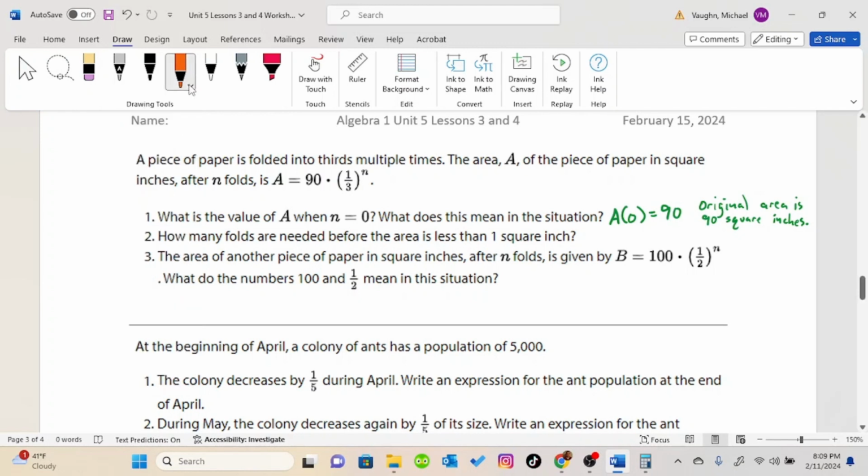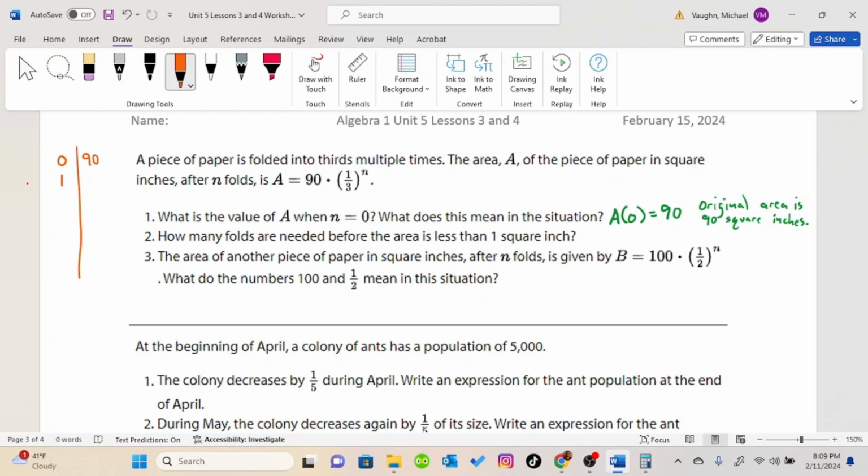Number 2. How many folds are needed before the area is less than 1 square inch? So we could make a little table out here. After 0 folds, it's 90 square inches.